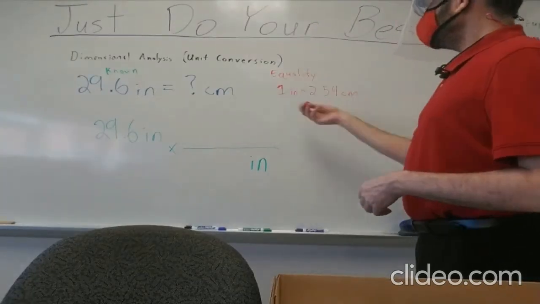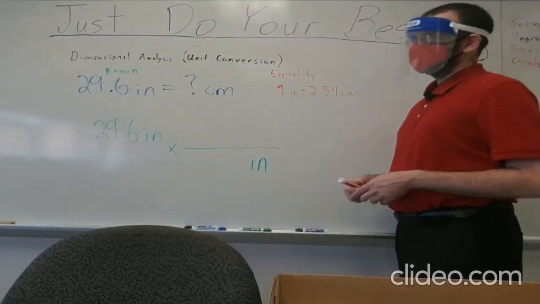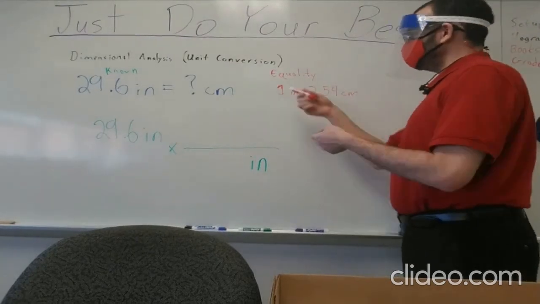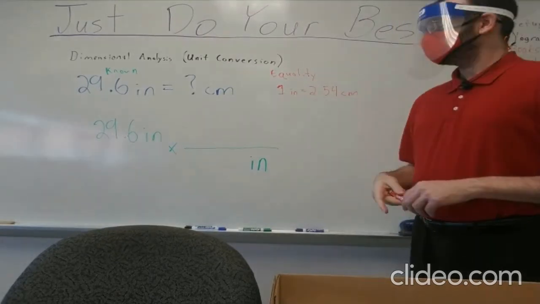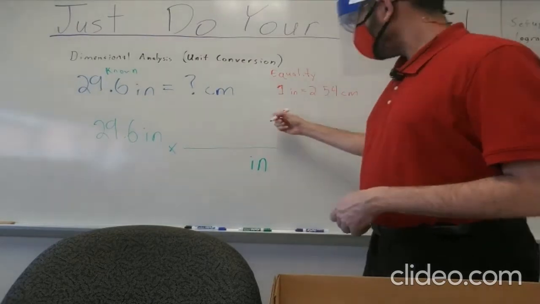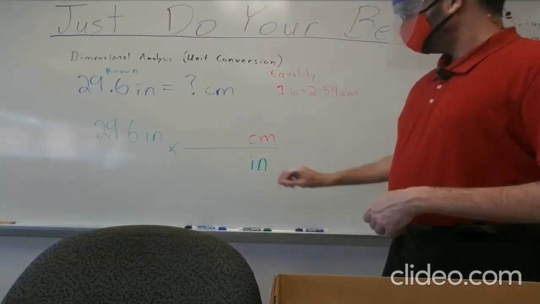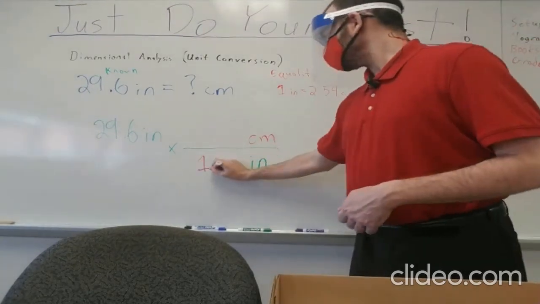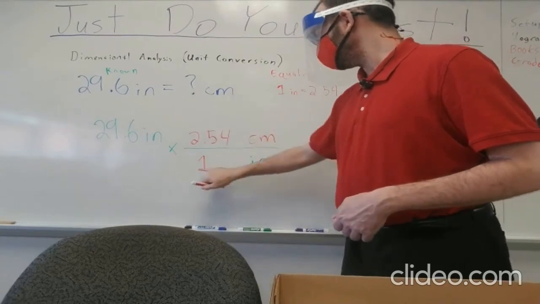Now, this is telling me that 1 inch is equal to 2.54 centimeters. That means that these are equal but different, which is exactly what I want here. See, what I can do now is take my inches and change it to centimeters, because 1 inch is equal to 2.54 centimeters.